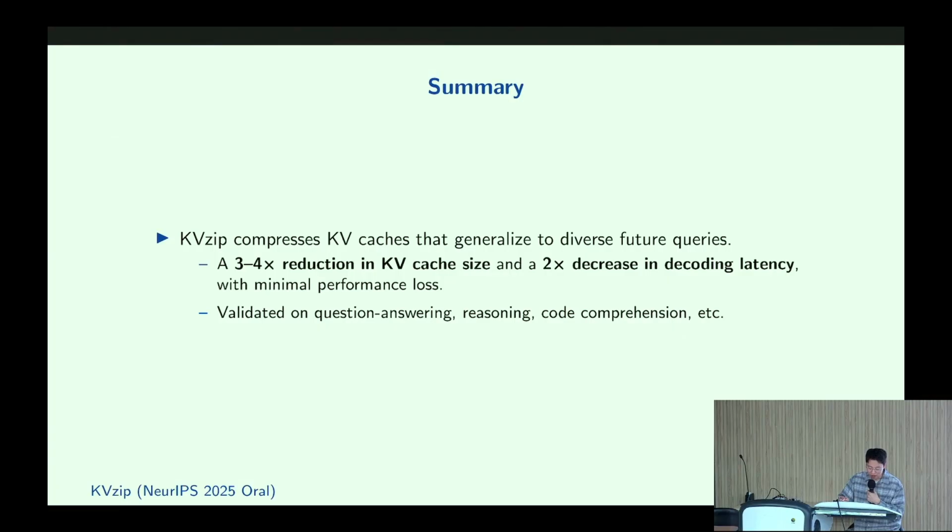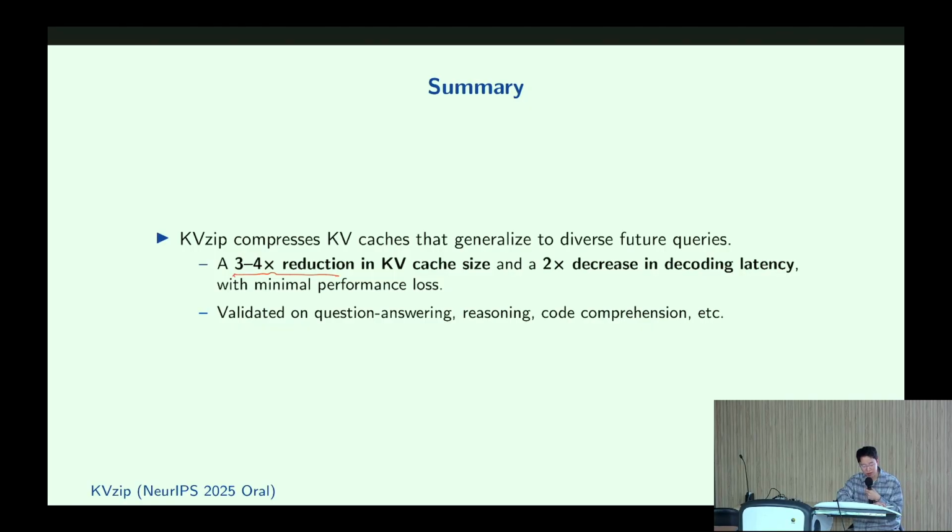And KVzip compresses the KV caches by evicting the entries that correspond to tokens that don't receive much attention when we ask the LLM to regenerate the previous context.